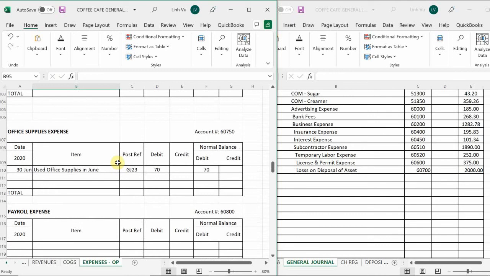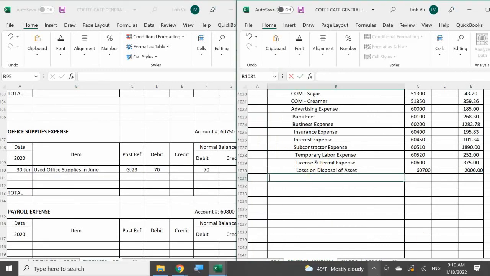Next we have office supplies expense, account number 6750, for the total of $70.